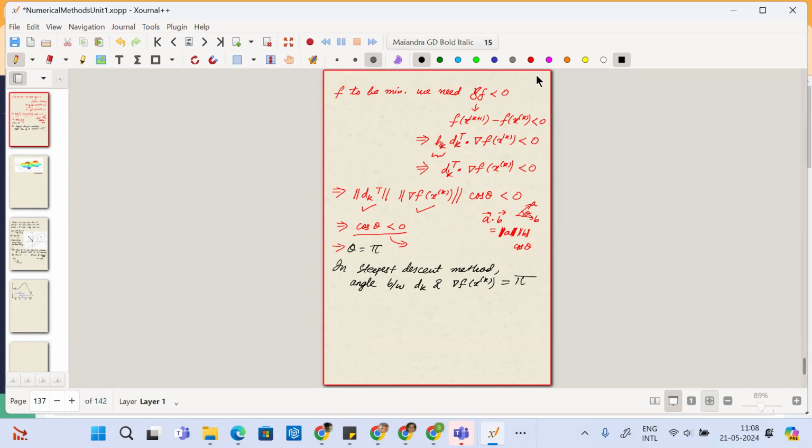So that means dk, the direction of your search, and your gradient direction are totally opposite to each other. And the rate of minimization is highest in this direction.